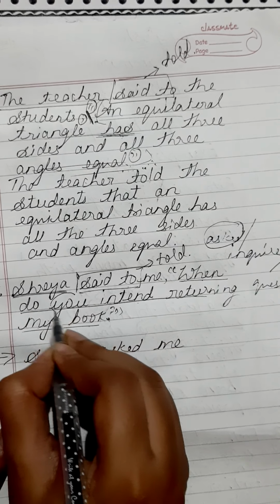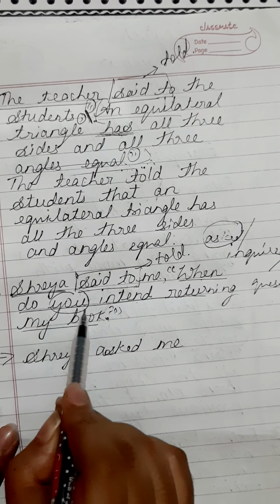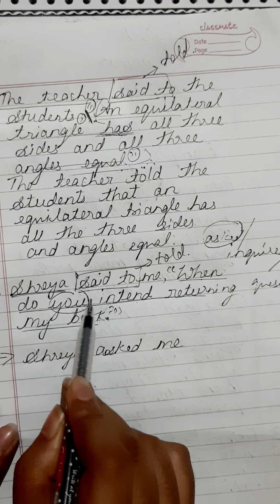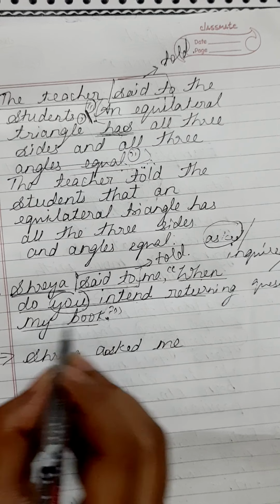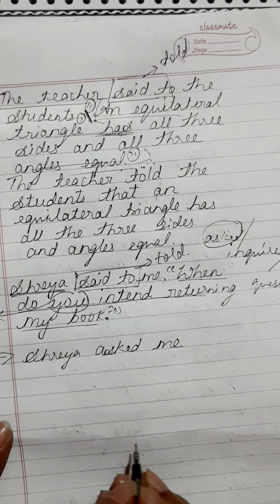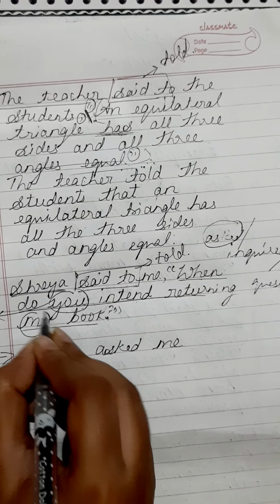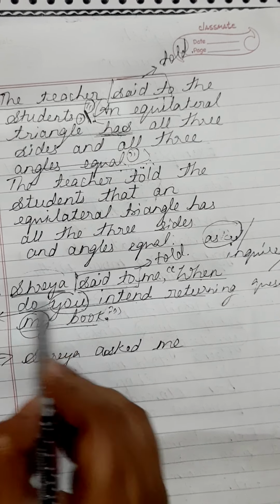Now here you is referring to the second person, the person who is listening to Shreya. Now whenever we have you in direct speech, you is converted to I. We have another pronoun, my book. It was whose book? It was Shreya's book.